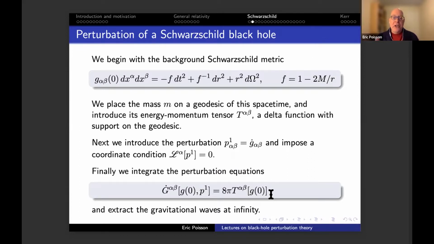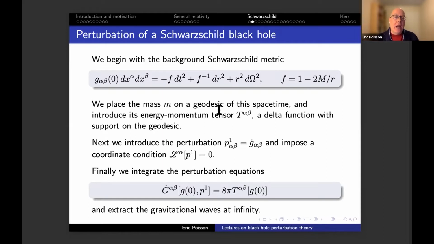And those conservation identities predict that the motion will be geodesic in the background spacetime. So consistently at first order in perturbation theory, I can take the body to move on a geodesic of the background spacetime. In fact, I must do that.